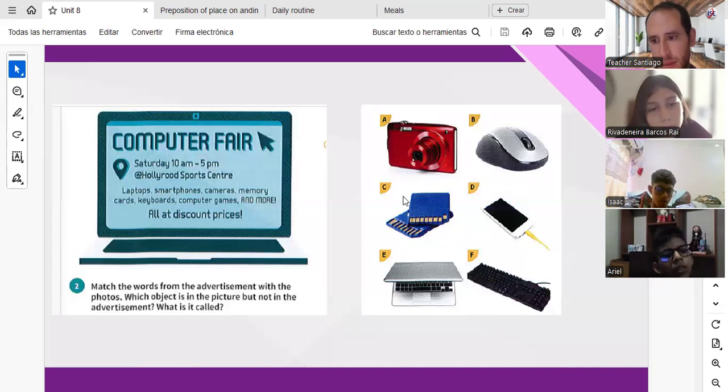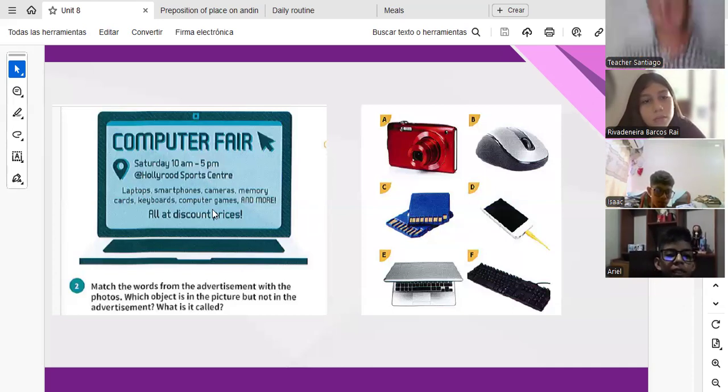It isn't mentioned. So look, laptop, letter F. Keyboards is mentioned here. We are looking for the one that is not mentioned here. So, mouse. Letter B. Mouse. Awesome. Thank you so much.